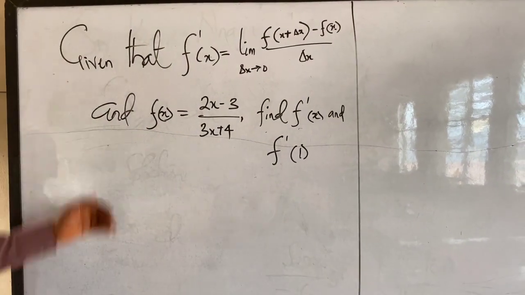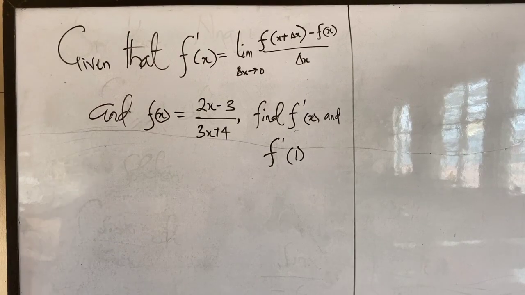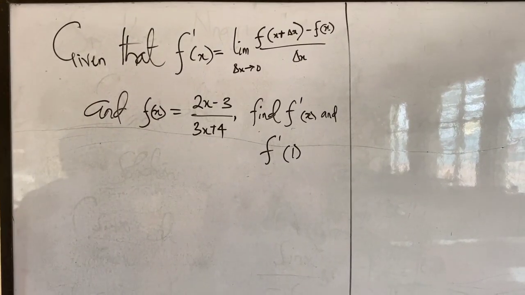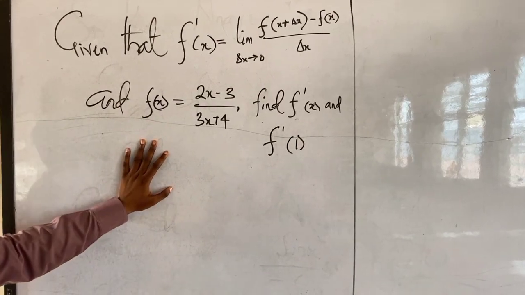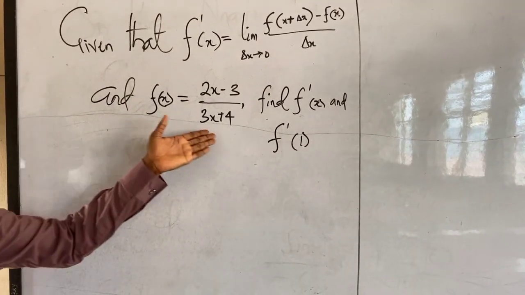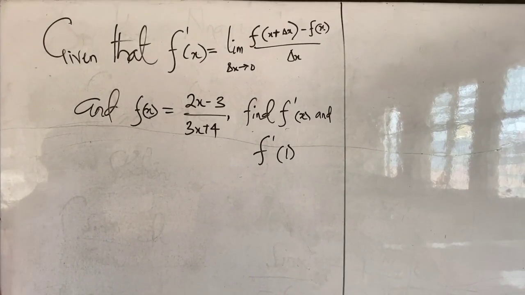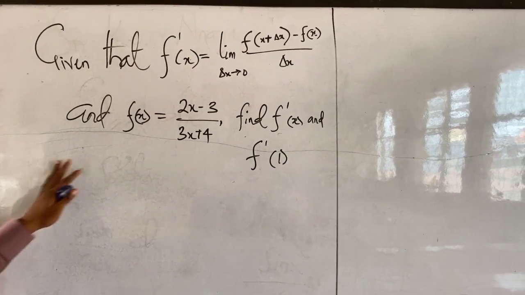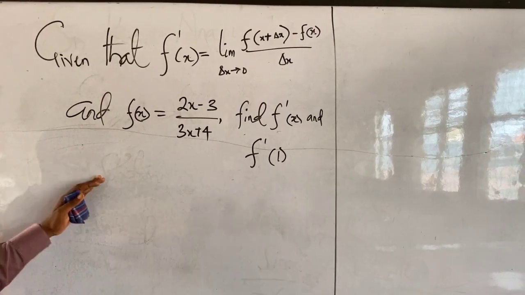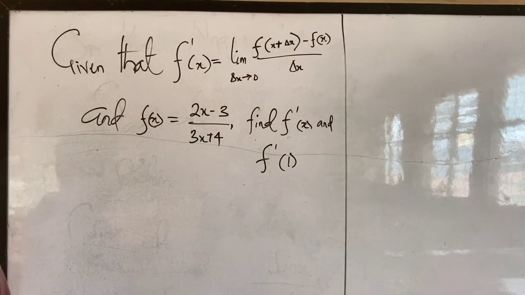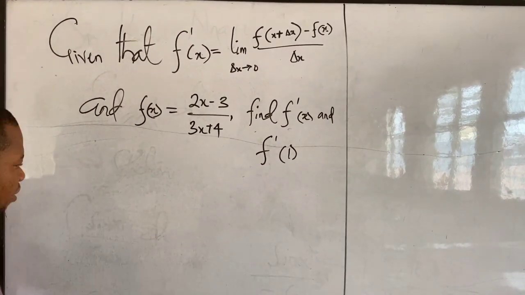Now, when looking at this, it's obvious that we can use differentiation from first principle. So many students find it difficult to articulate questions that have to do with differentiation from first principle. Now, let me show you the easiest way to do it.